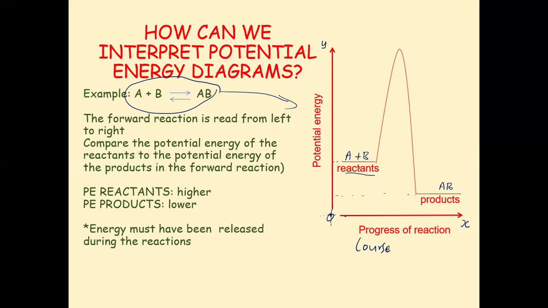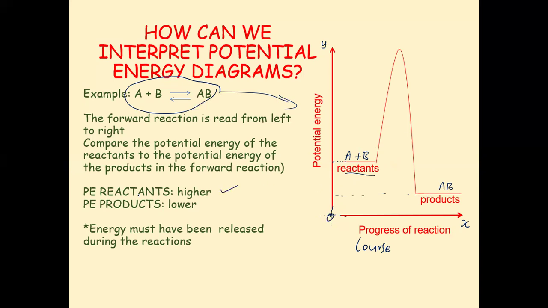Which between the reactants and the products has the higher energy according to the shape of this diagram? We can see that the potential energy of the reactants is much higher than the potential energy of the products in this case.